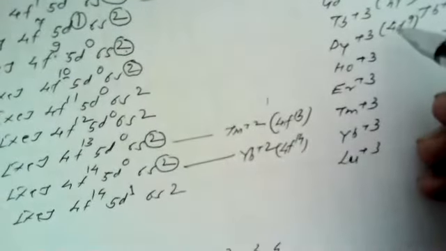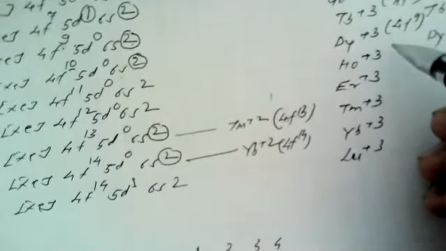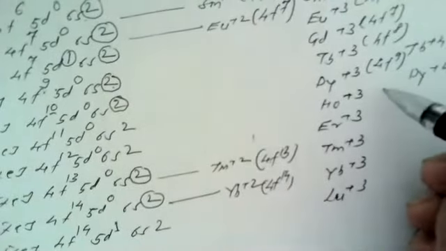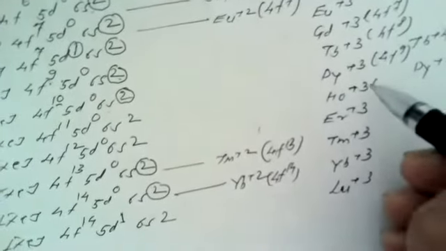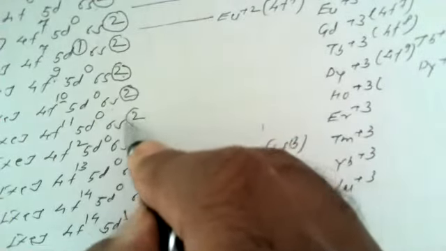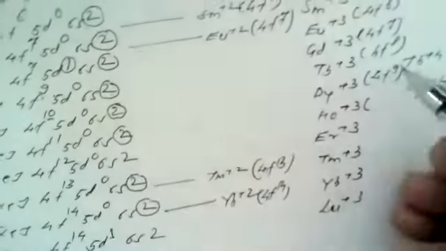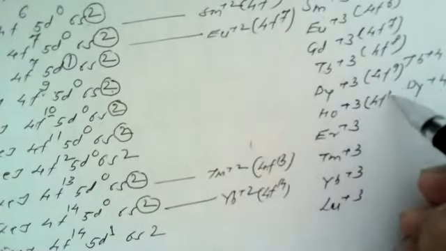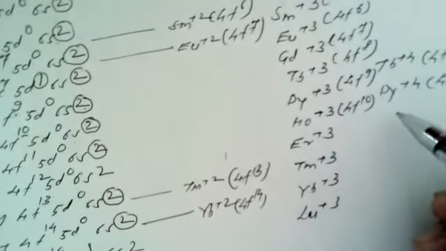Then come to the next member, atom number 69, holmium +3. So for holmium, how can we write? Loss of 2 electrons from 6s and loss of one of the electron from 4f11, which leaves behind 10 4f electrons. So it becomes 4f10.